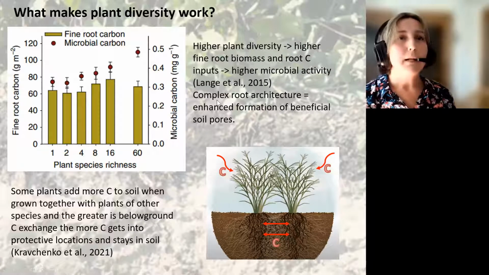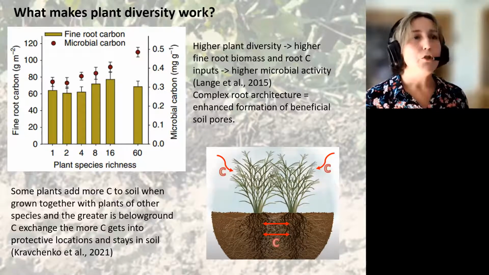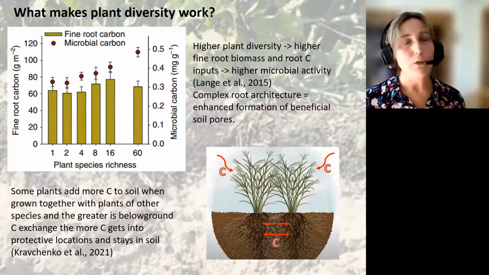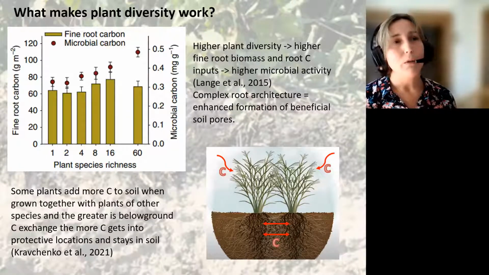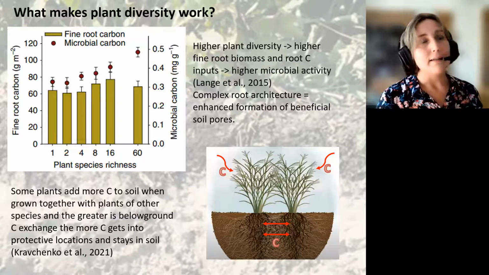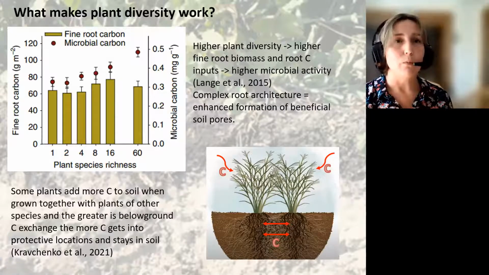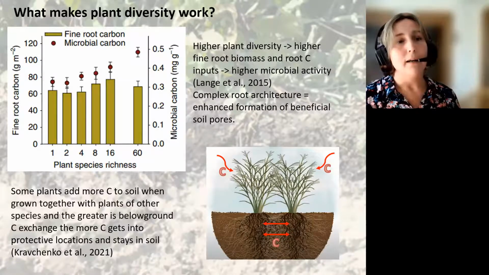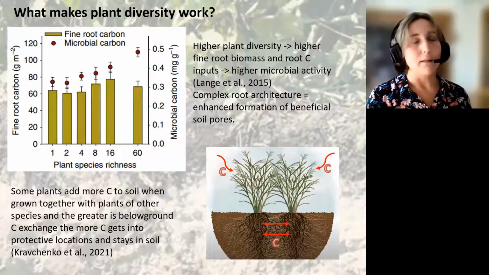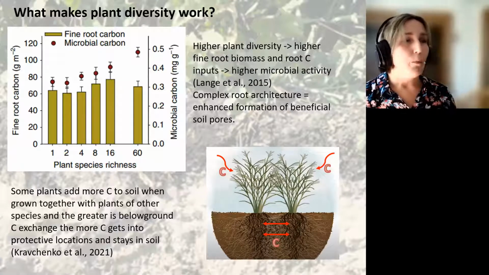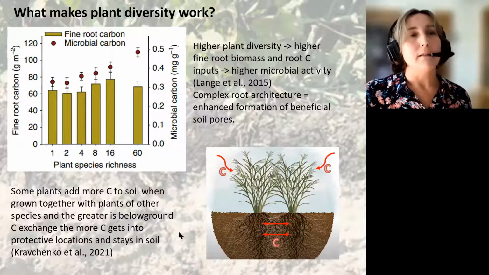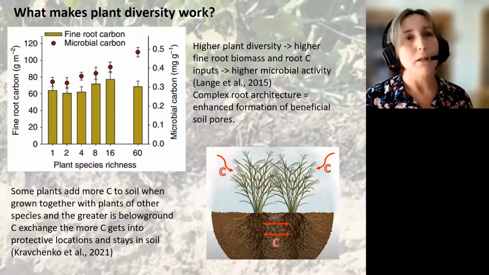And that complex combination of root systems from different species having different root architectures is what we believe contributes to the formation of a complex, heterogeneous system of soil pores, the pore architecture beneficial for maximizing microbe contact with the protective soil matrix.